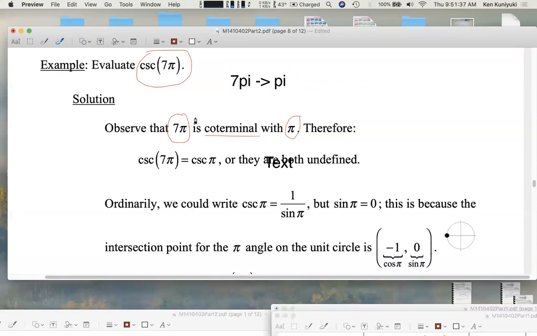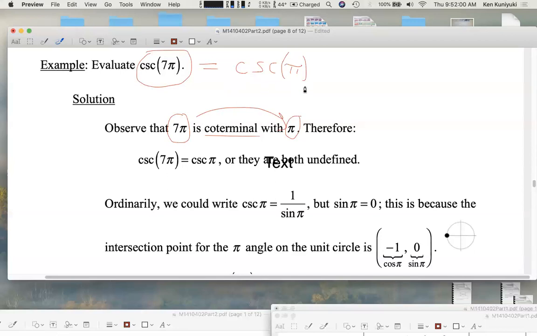All right, 7 pi is coterminal with pi, which means that cosecant of 7 pi will be equal to cosecant of pi, or maybe they're both undefined, in which case equals would technically not be appropriate. All right, so what's the deal?